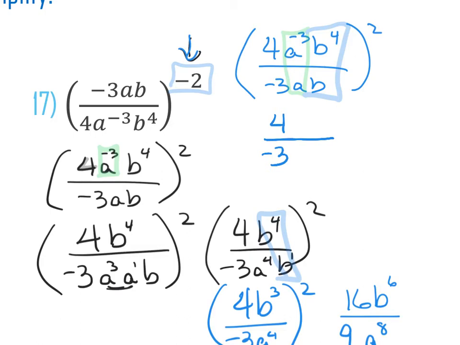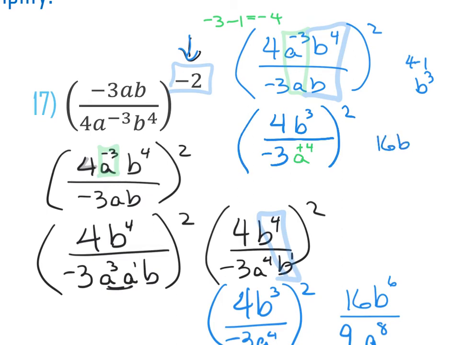And then for the a's, what I'm doing is negative 3 minus 1. So I get a negative 4 here. So that tells me to write the a in the bottom with a positive though, positive 4. And then for the b's, I'm going to do 4 minus 1. So the b becomes b to the 3rd. It's a positive 3, so it's in the top. Then I just square everything now. So 16, b to the 6th, 9, a to the 8th.